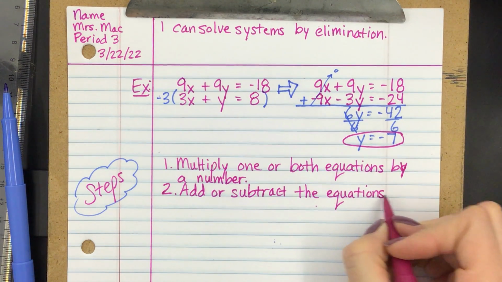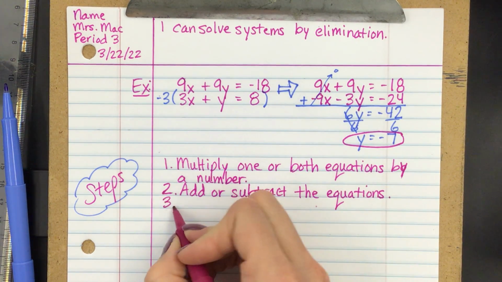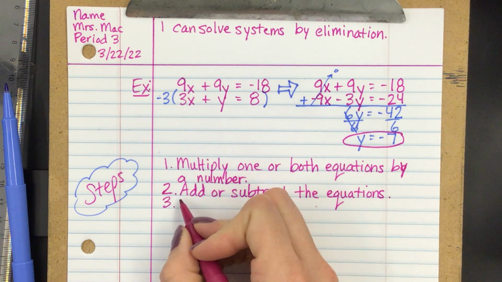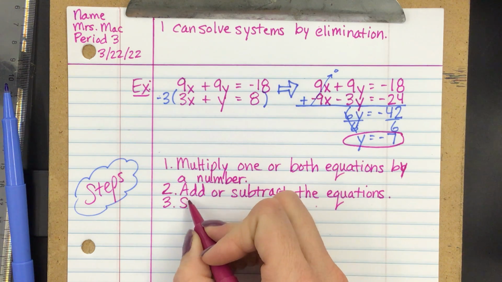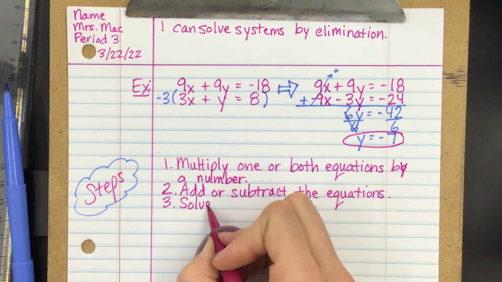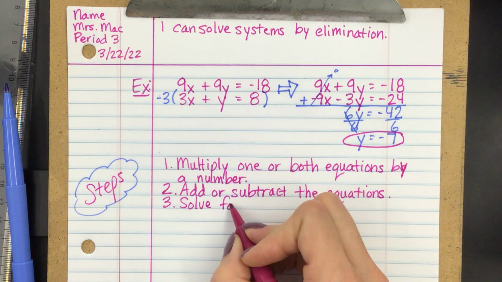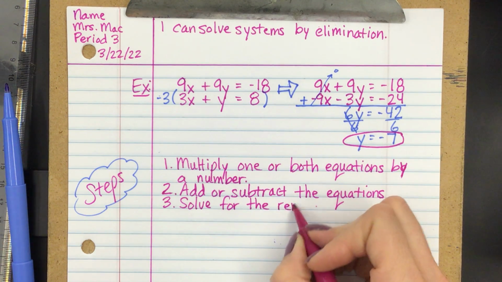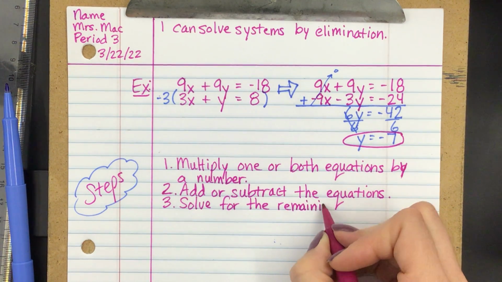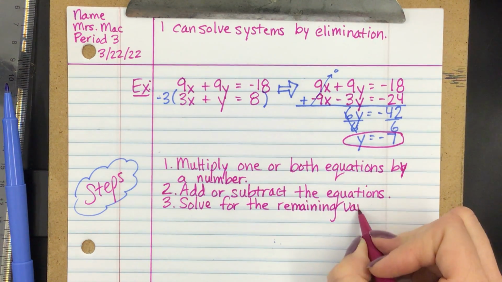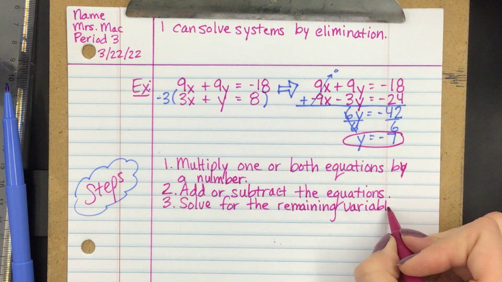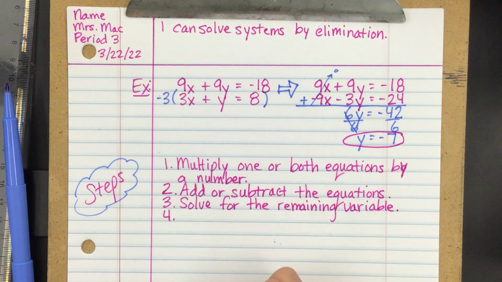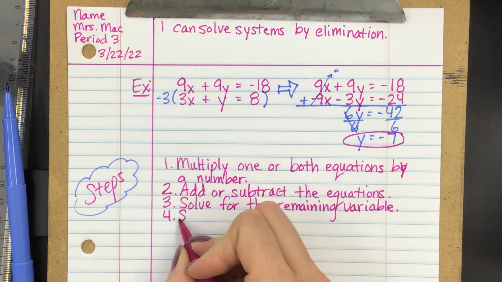Step 3: we solve for the remaining variable, because once we eliminate one of the variables, we only have one left. And then we substitute in to find the other variable.